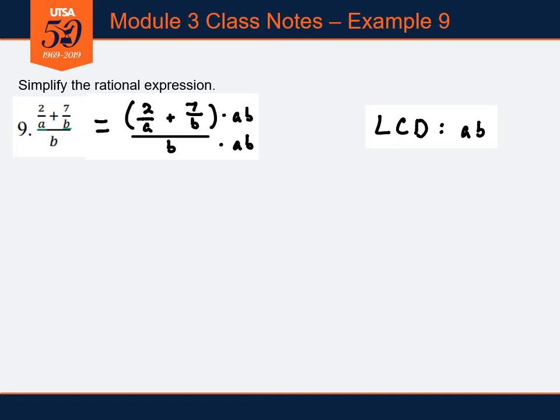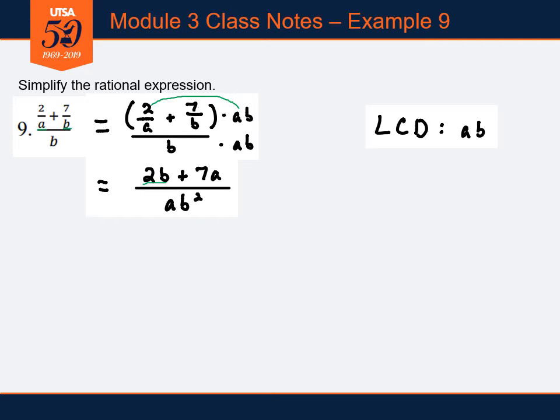The nice thing here is that when I multiply the top through by ab, I cancel the denominators and clear the fractions. When I multiply 2 over a times ab, the a in the denominator cancels with the a that I'm multiplying by, no more fraction, and I'm just left with 2 times b.